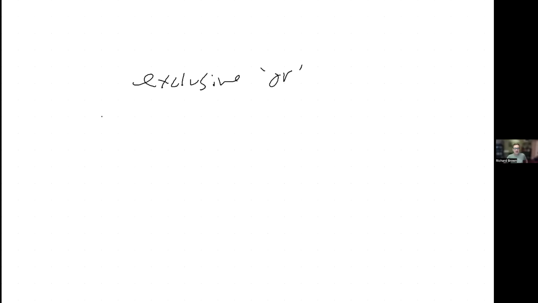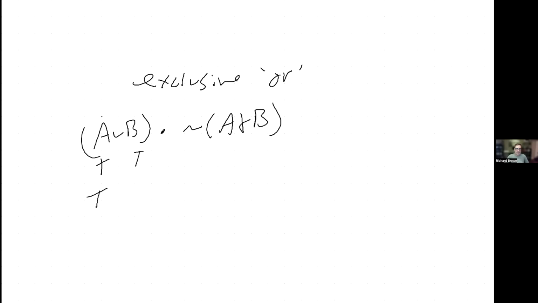So exclusive or basically tells you that you can have A or B, but not A and B. And if you do the truth table for this, which we could very quickly do here. If A is true but B is false, and this is false but that is true, and they're both false, then A or B is true. This just follows the pattern.